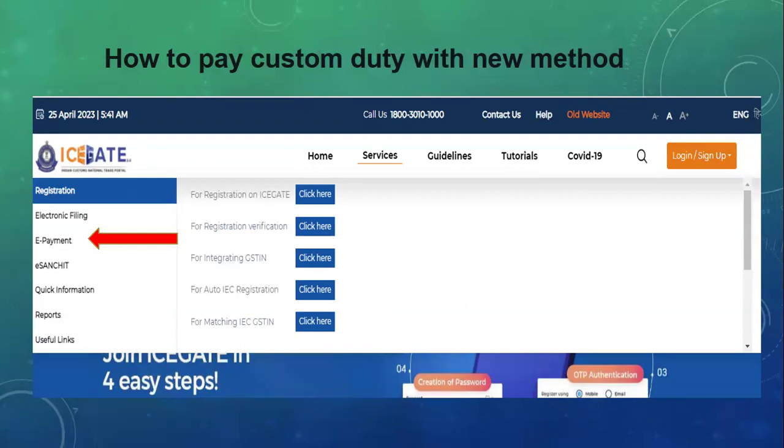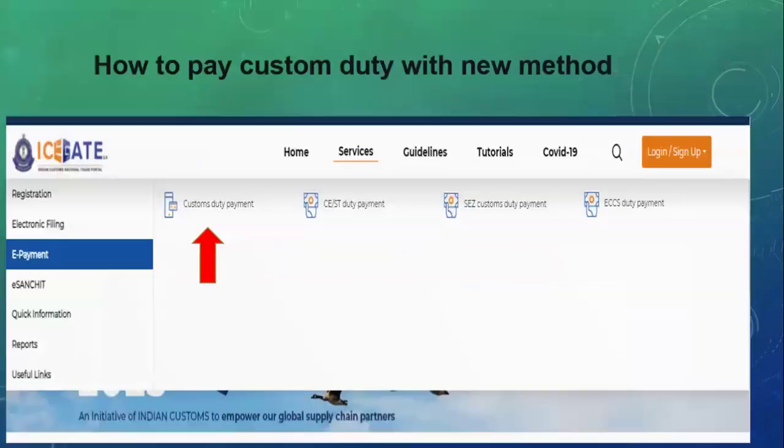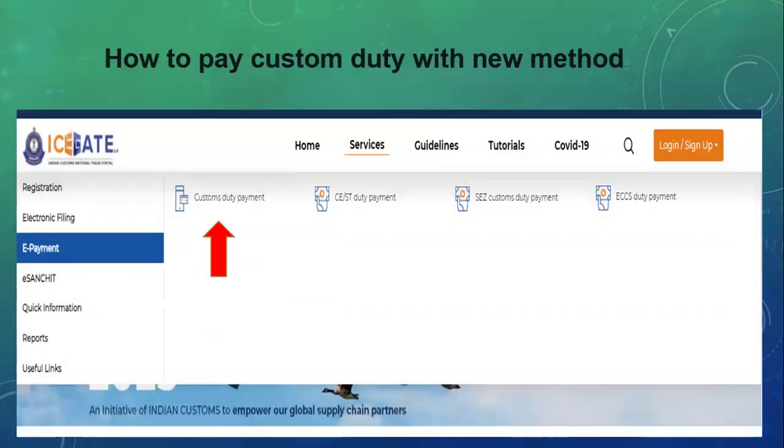FOB and CIF are mostly used. In FOB terms, our responsibility is to deliver the goods at the port of loading. And in CIF terms, our responsibility is to deliver the goods at the port of discharge. So as per the requirement of the Incoterms, we negotiate with the buyer and manage these Incoterms.